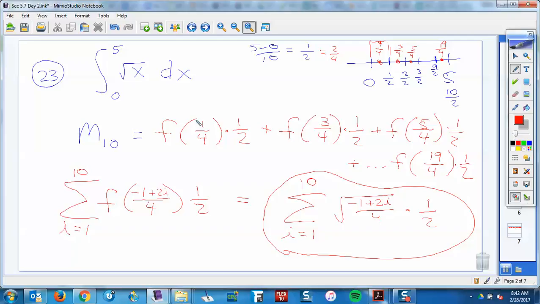Okay? We would expect sigmas to have a bunch of fractions and messy stuff in them, right? Every sigma we've done has been messy, with fractions and all kinds of crazy stuff. The integral's not so much. So this stuff in here came from our pattern. So this -1 plus 2i over 4, that all was where the x goes.